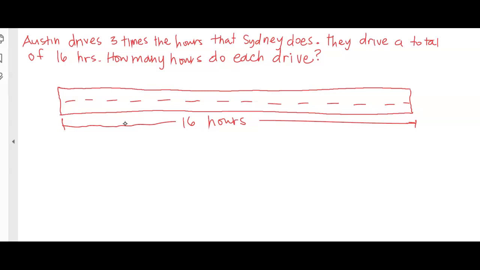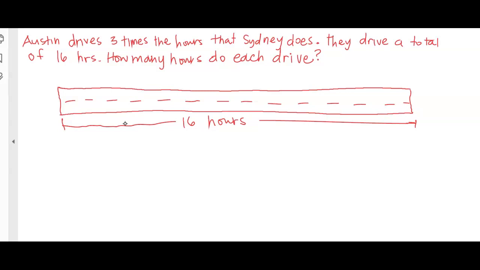We know that Austin drives 3 times the hours that Sydney does. So it means Austin drives a longer distance than Sydney does, but we don't know how much. They drive a total of 16 hours together. How many hours do each of them drive?